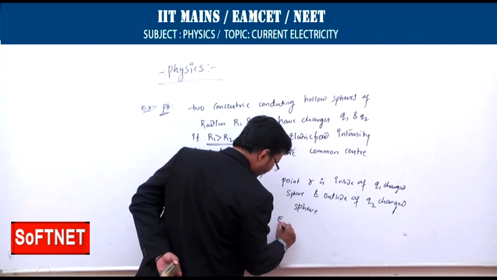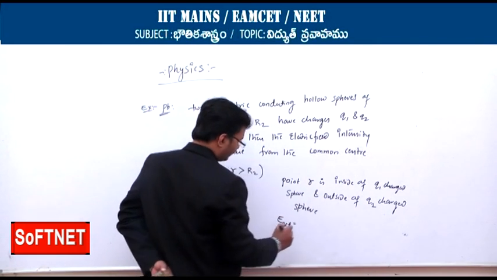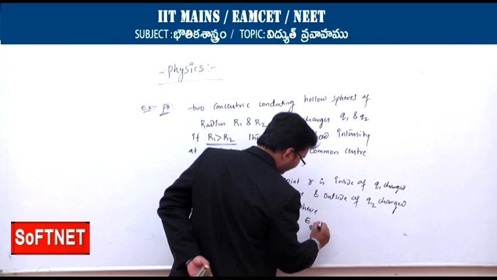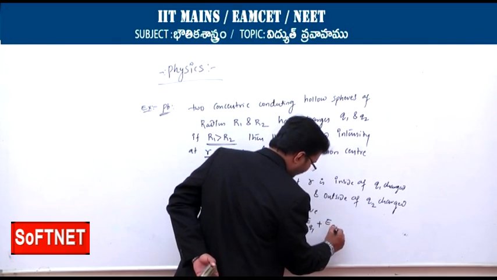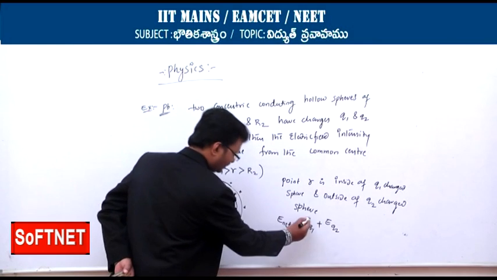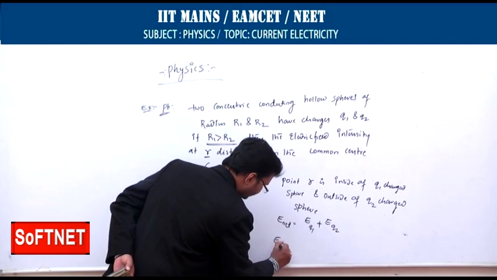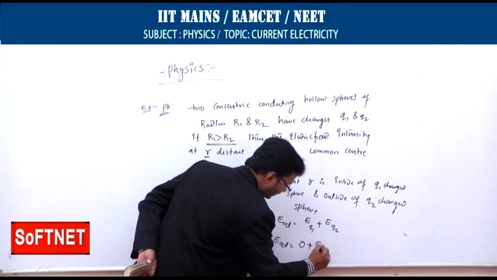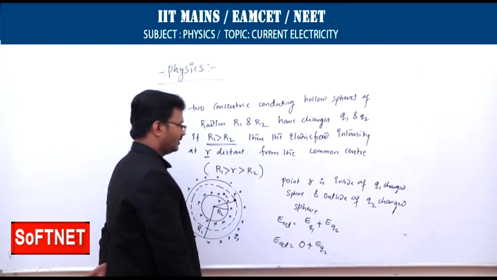Now, E net is equal to the electric field due to the Q1 charged sphere plus the electric field due to the Q2 charged sphere. This is going to be 0, so 0 plus E due to Q2.